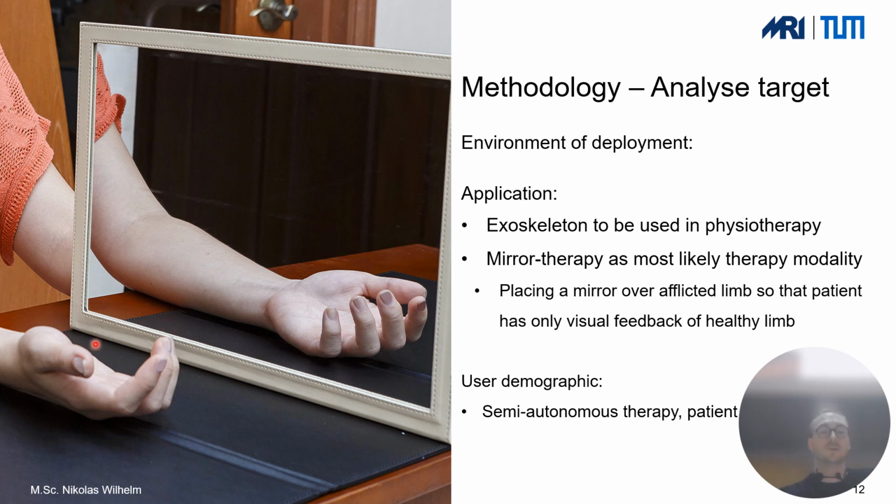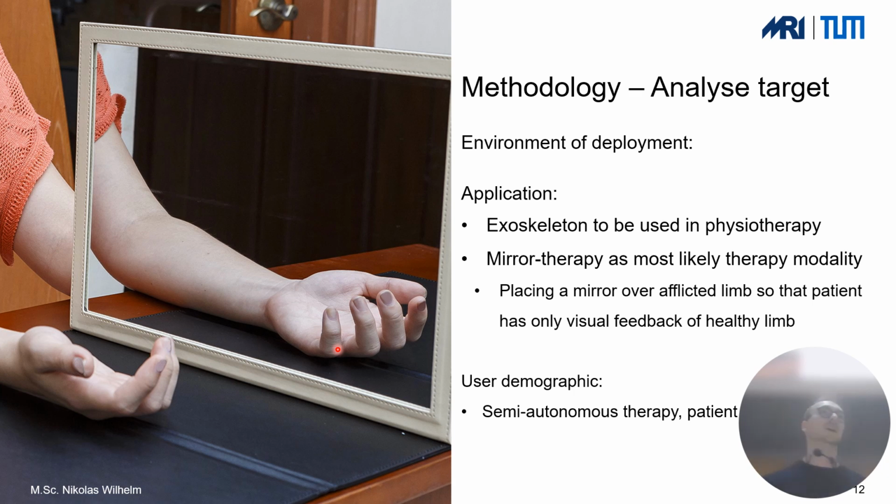So you put a mirror on the one side of the hand, and then the patient will look on his actually healthy hand and think that he's moving the healthy hand by looking at the mirror. What helps him to move the hand because he has a real high aversion against the diseased hand.